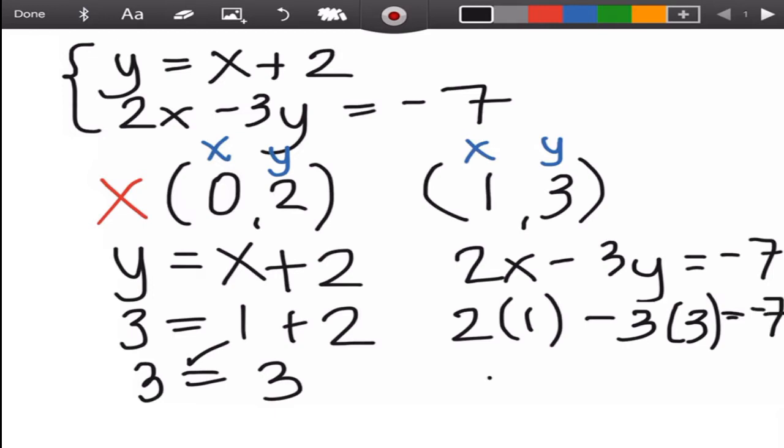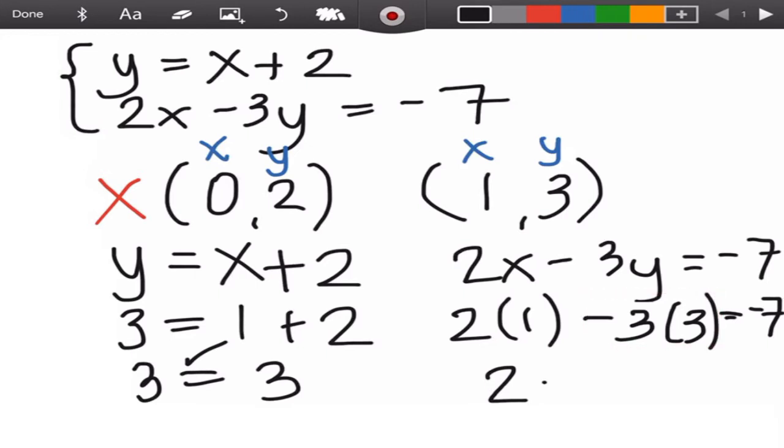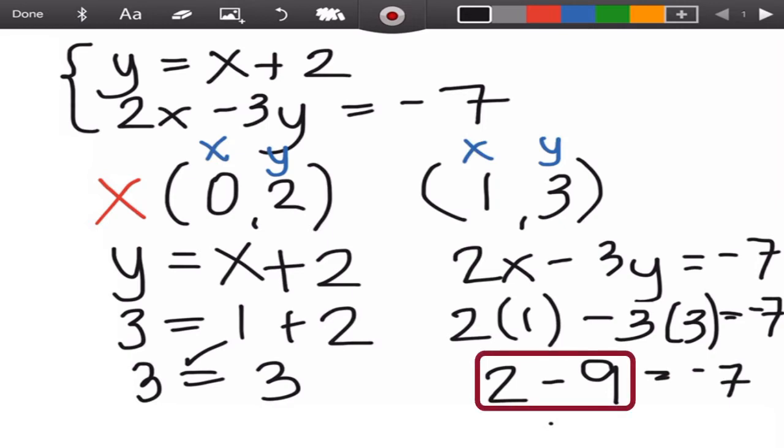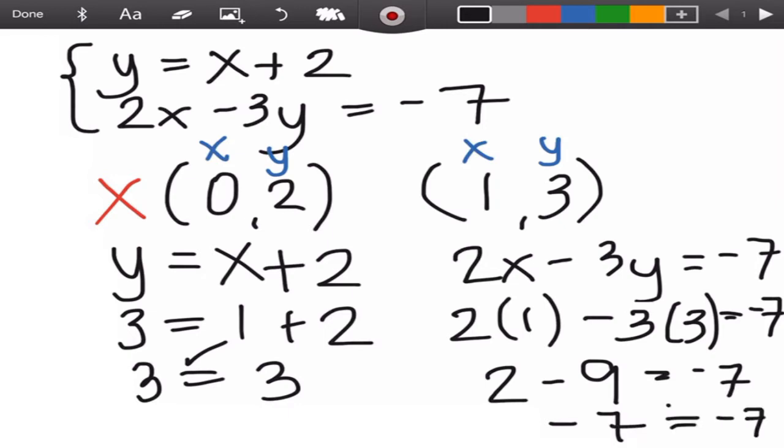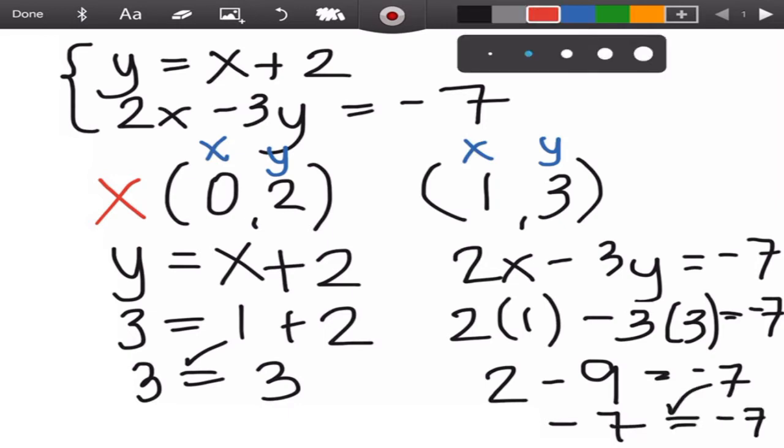Then multiply 2 times 1, that is 2, negative 3 times 3, that is negative 9, equals negative 7. So we have 2 minus 9, different sign, minus, so we have negative 7 equals negative 7. This statement is also true, meaning (1, 3) is part of the solution of this given system.